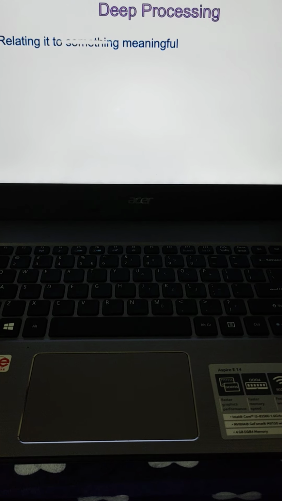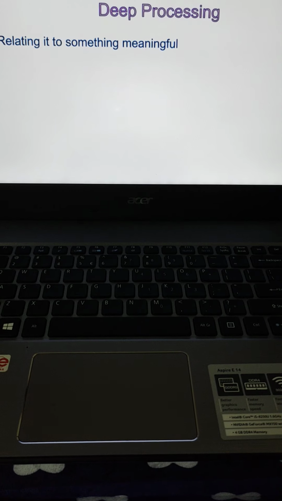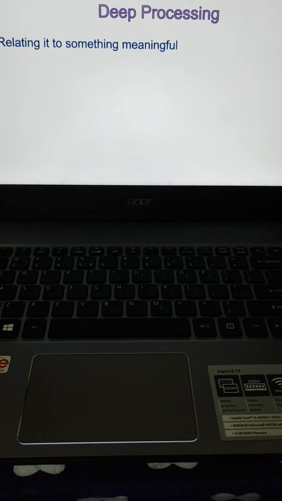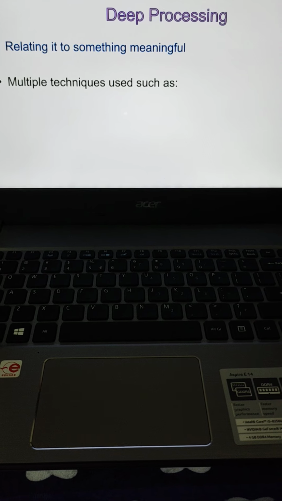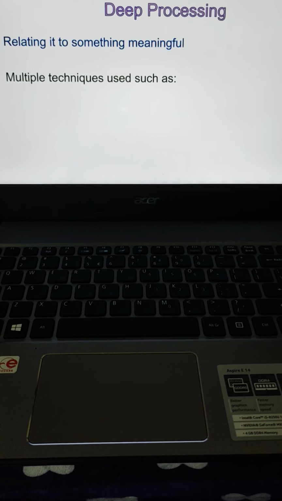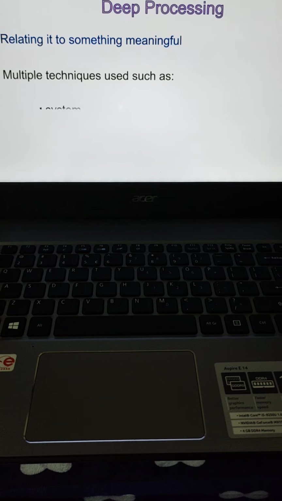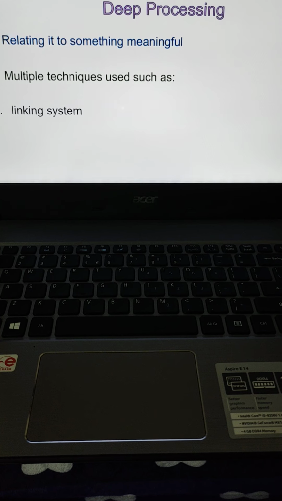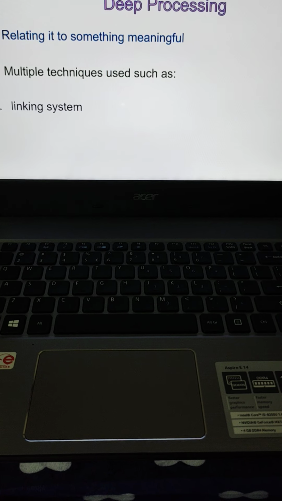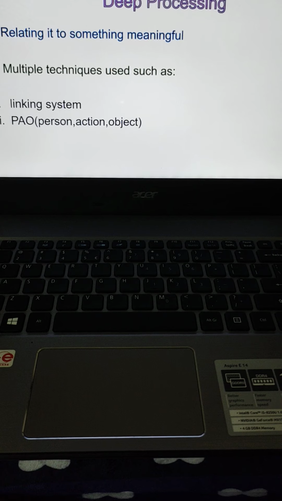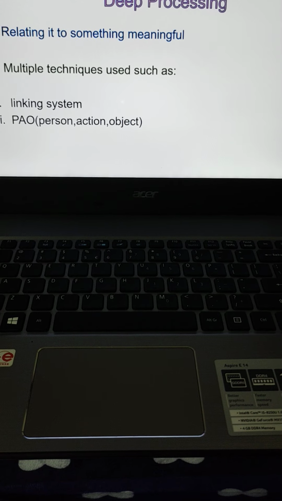Deep processing. Deep processing is relating the information to something meaningful. By using this kind of method, there are several techniques under it. The techniques consist of the linking system and PAO.